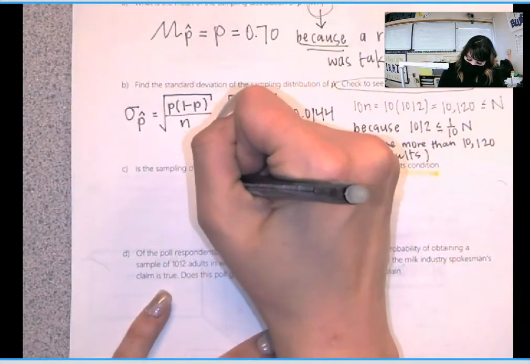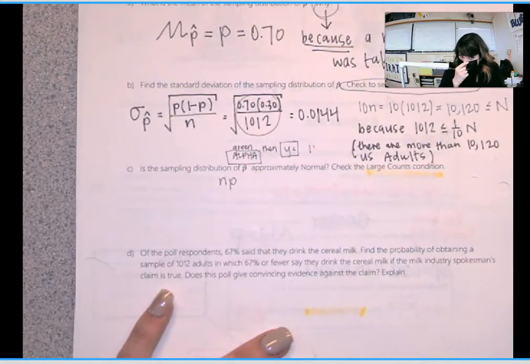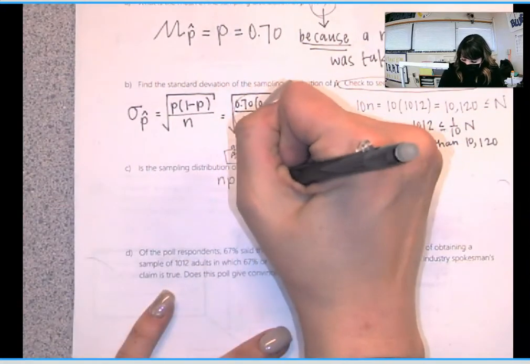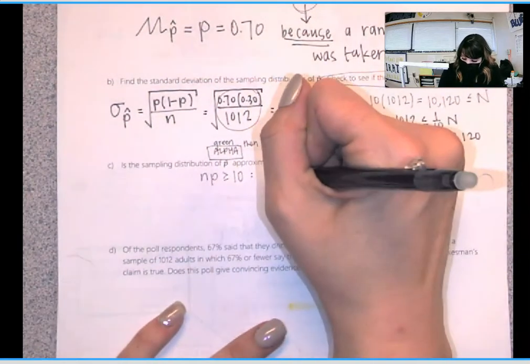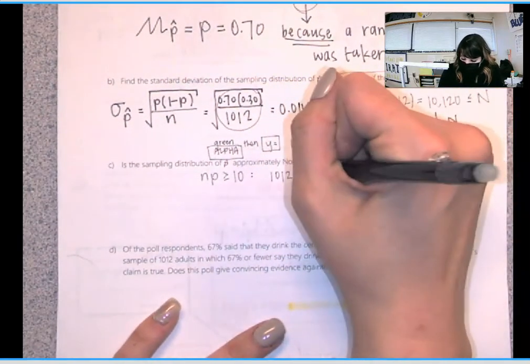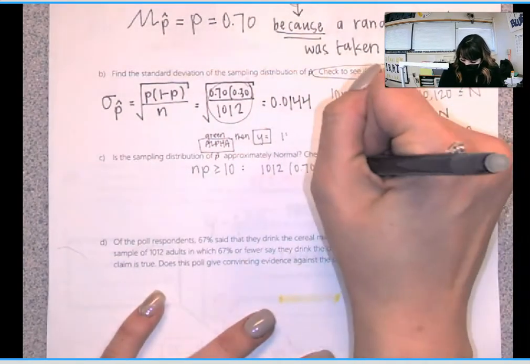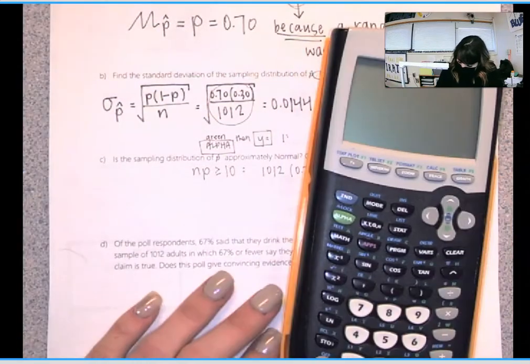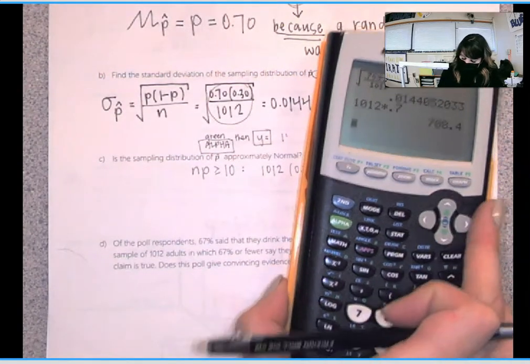So large counts says that n times p has to be greater than or equal to 10. So let's check that. n is 1012. True p is 0.70. If we multiply that together, we get 708.4.